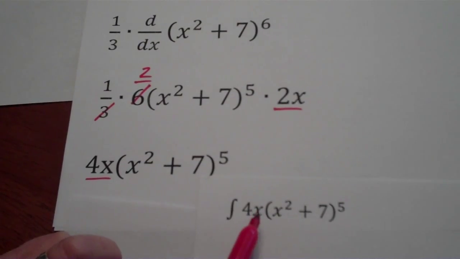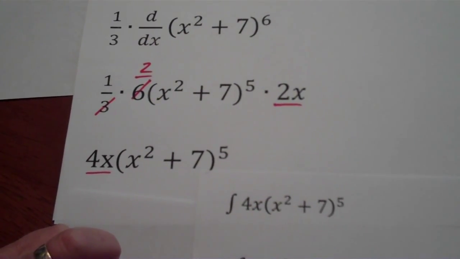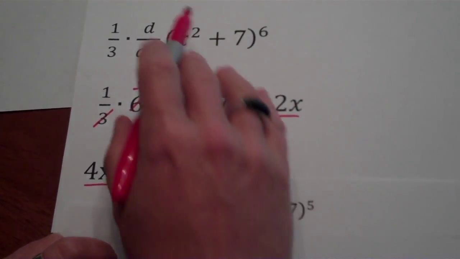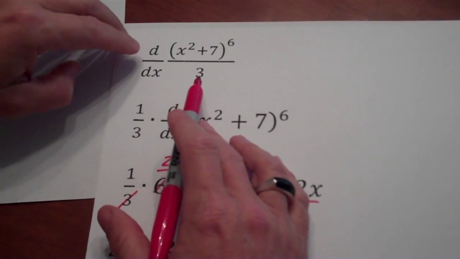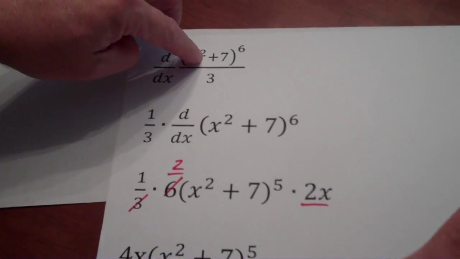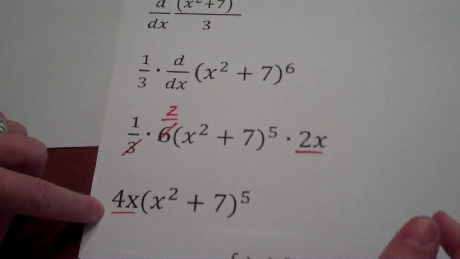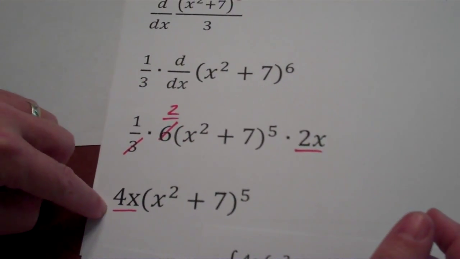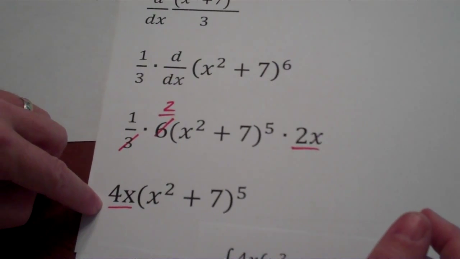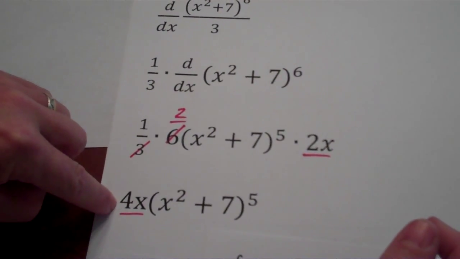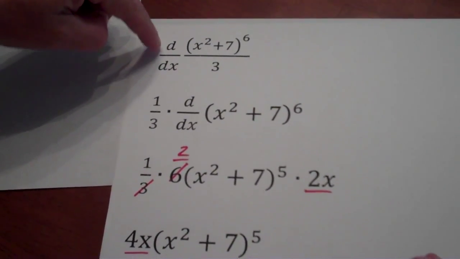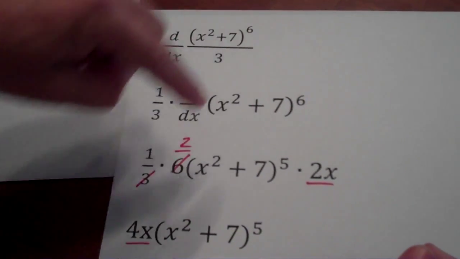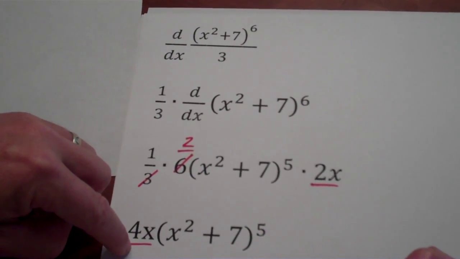So I took the integral of what I was given, came up with my answer, and then proved that the derivative of that answer really was my original problem. Remember, these are opposites. So if the integral of my original problem was this answer, then the derivative of that answer must be my original problem.